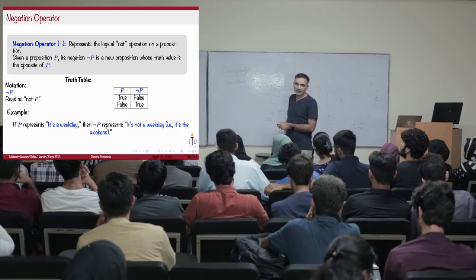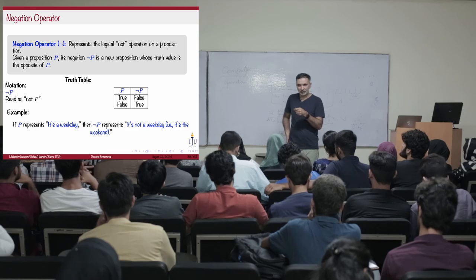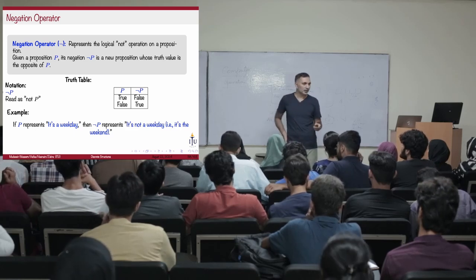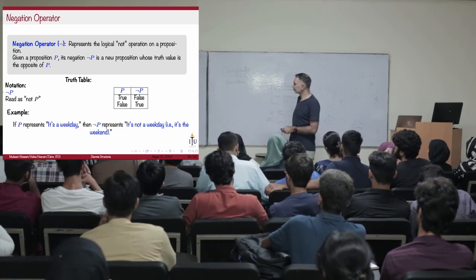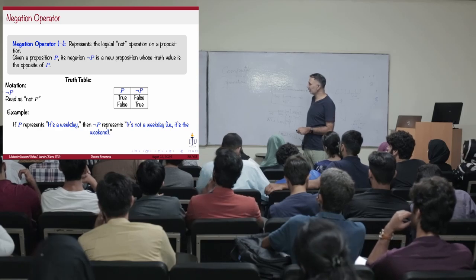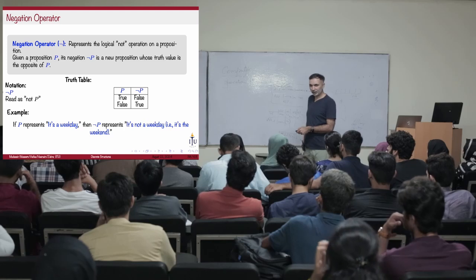Negation means that you would just take the opposite of the statement. If the statement is true, the negation would be false. If the statement is false, the negation would be true. So for example, if P represents that it is a weekday, not P represents that it's not a weekday, it's the weekend.